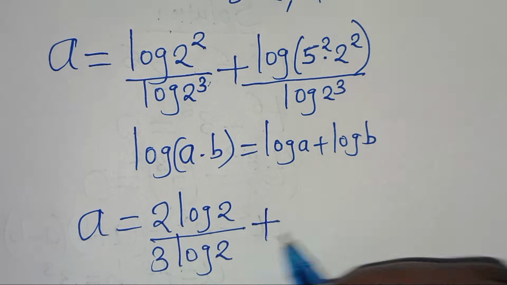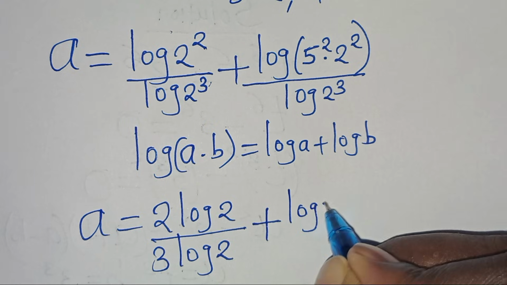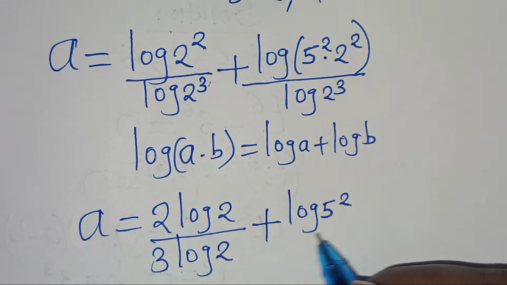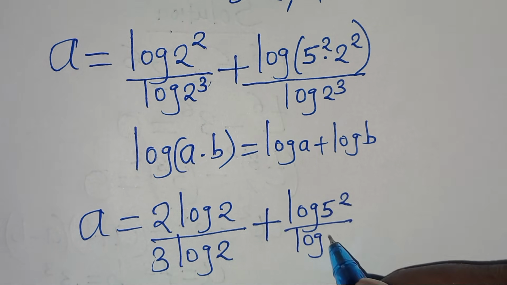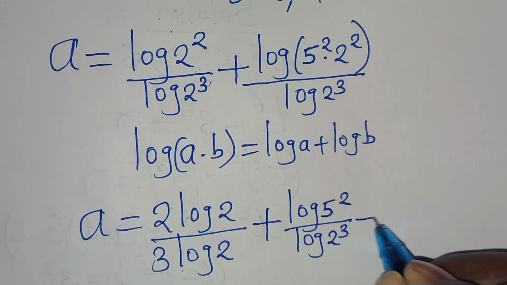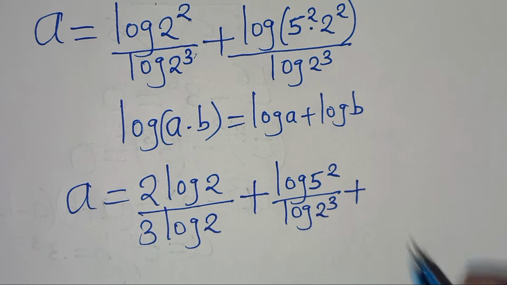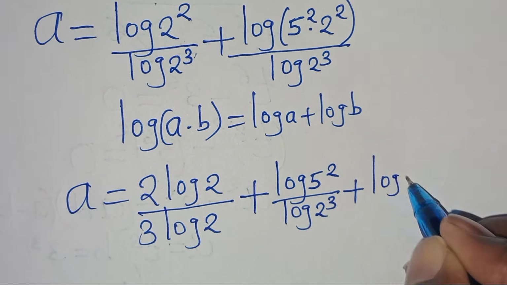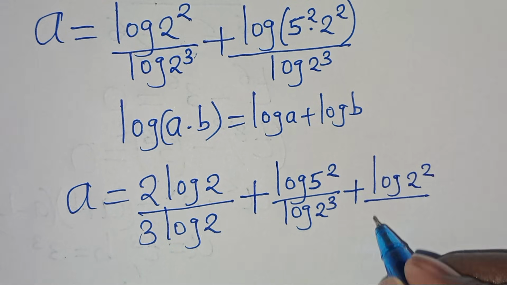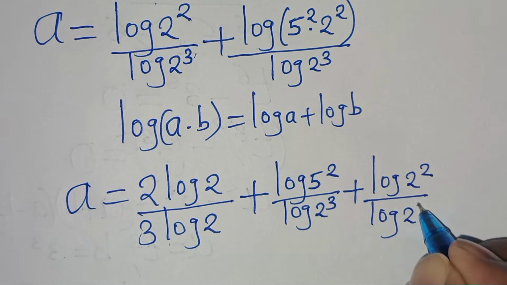Then plus log 5 to the power of 2 divided by log 2 to the power of 3. Then plus log 2 to the power of 2 divided by log 2 to the power of 3.